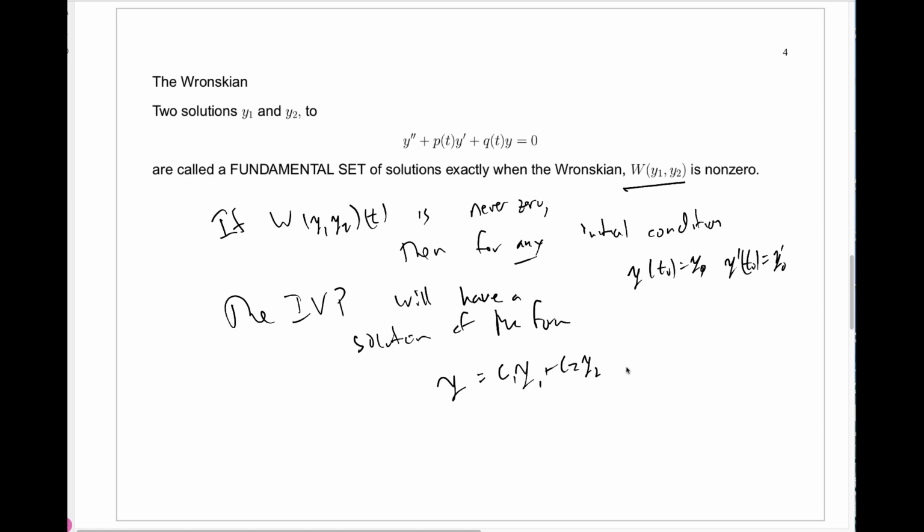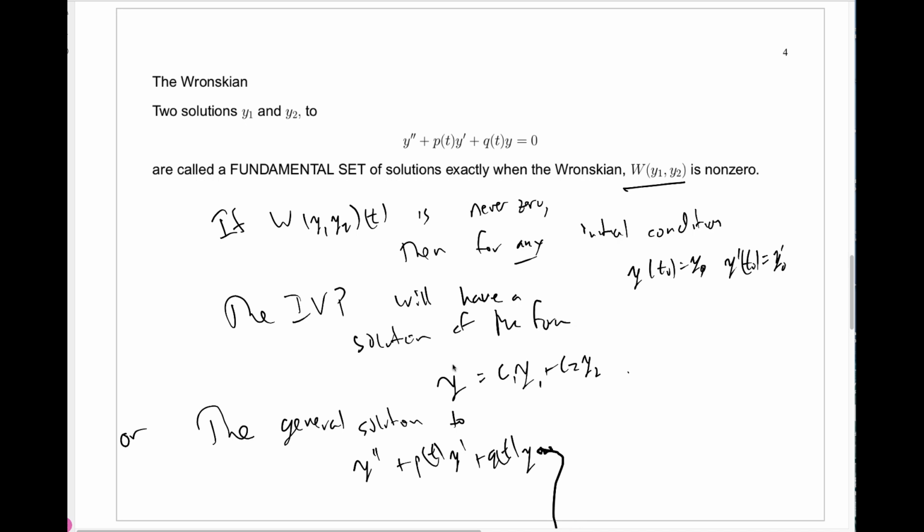In other words, we say the general solution to y double prime plus p of t y prime plus q of t y equals 0 is the set of functions y equals c1 y1 plus c2 y2.